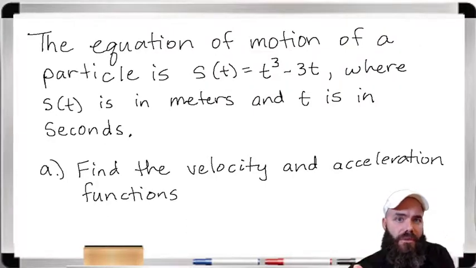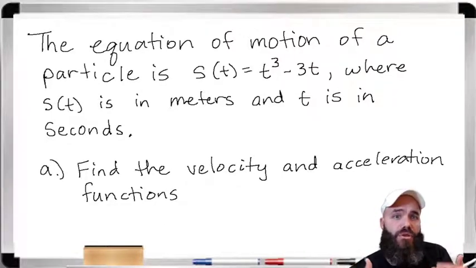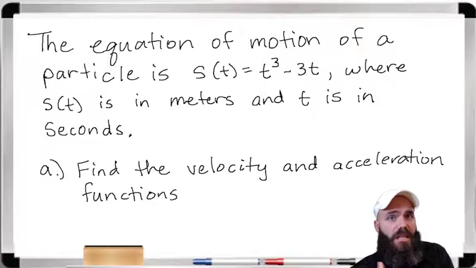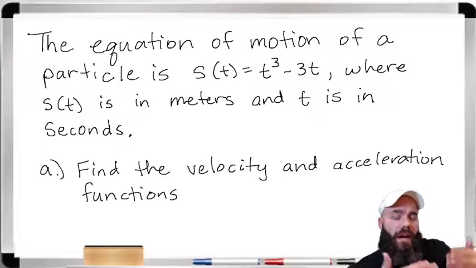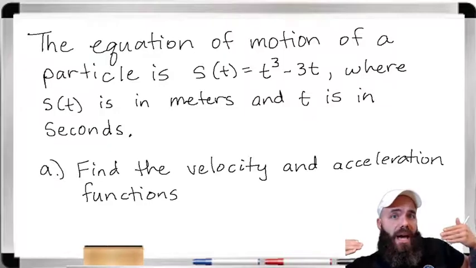As time increases, position will change. So if I plug in 2 for t, I would have 2 to the third, which is 8, minus 3 times 2, which is 6. So 8 minus 6 is 2. Now my position is positive 2. So that means after 1 second, I've moved back to a negative 2 position.